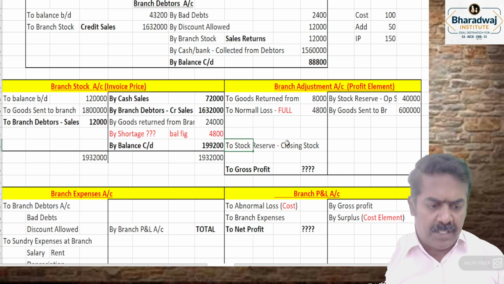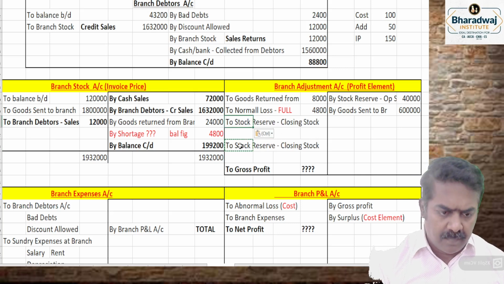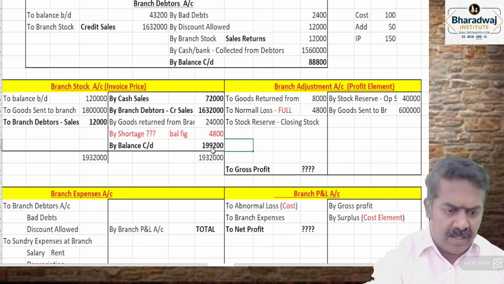Then closing stock. What is the stock reserve for the closing stock? 1,99,200 into 50 by 150.